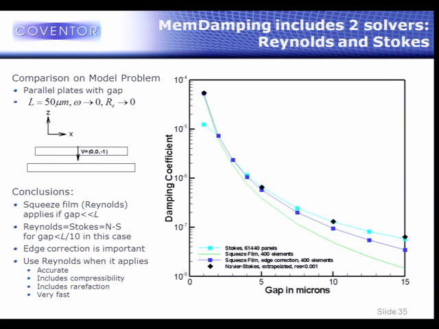It's when the ratio of the gap to the length gets larger, so for larger gaps, that these different solutions have different values.